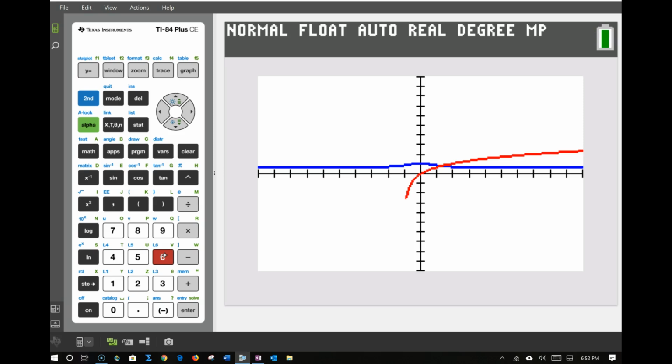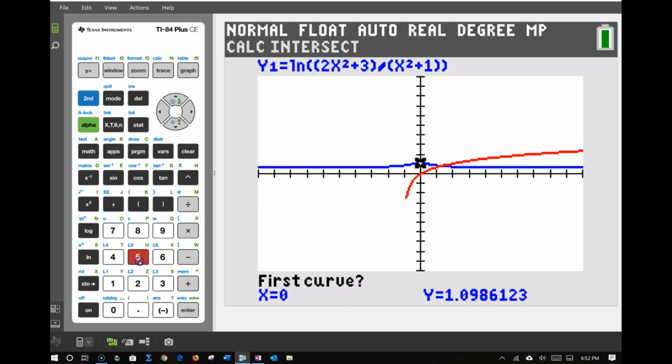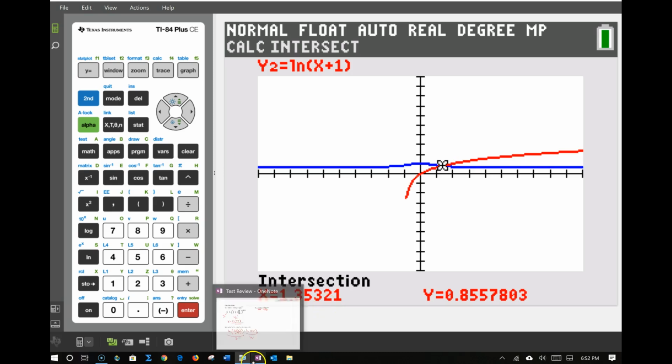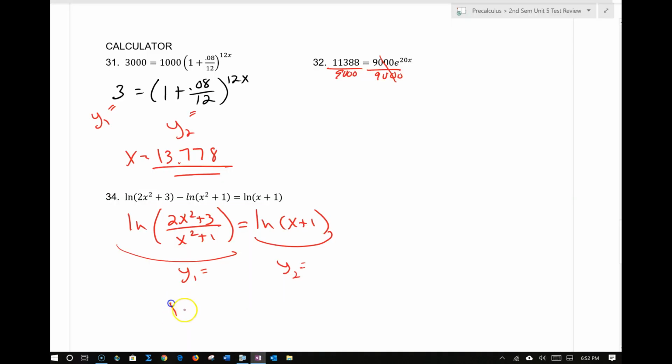If you want to change the window, you can, but I'm just going to go second trace intersect number 5, enter, enter, enter. And what do we get? We get 1.353. So x is approximately 1.353. All right, 3 decimal spots.